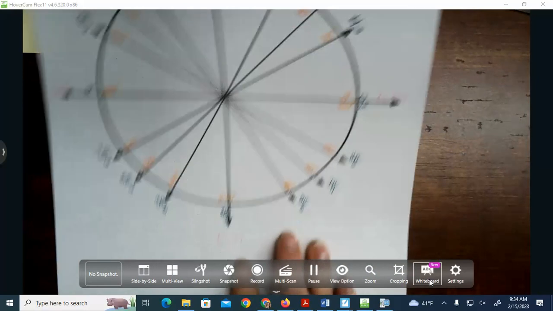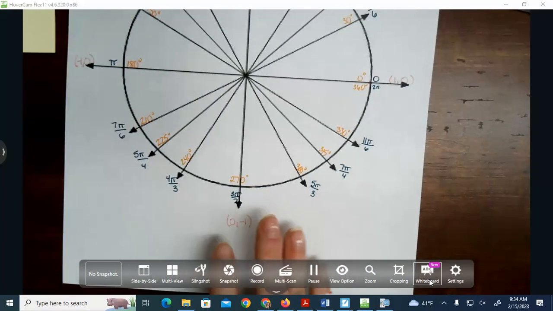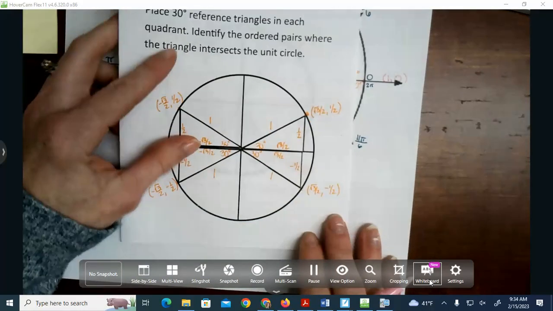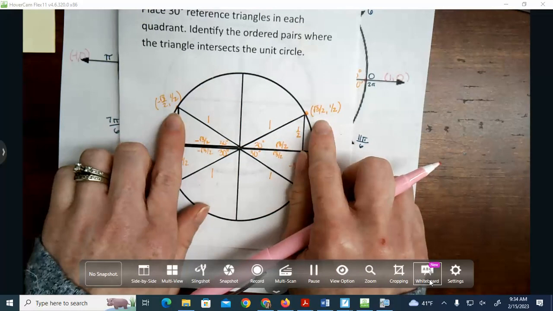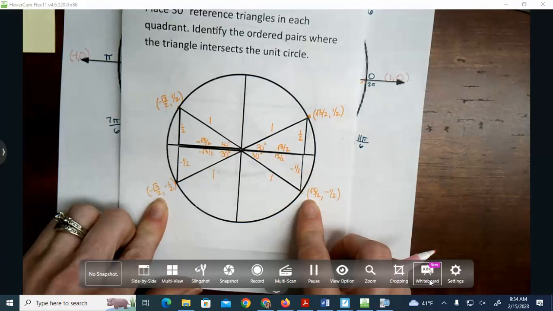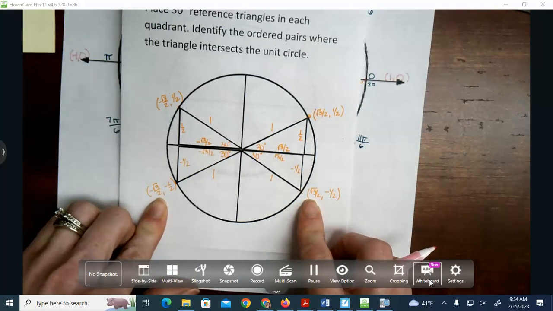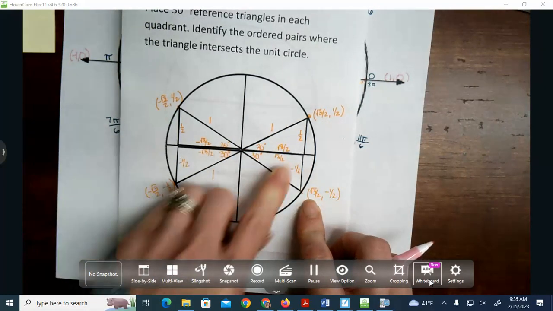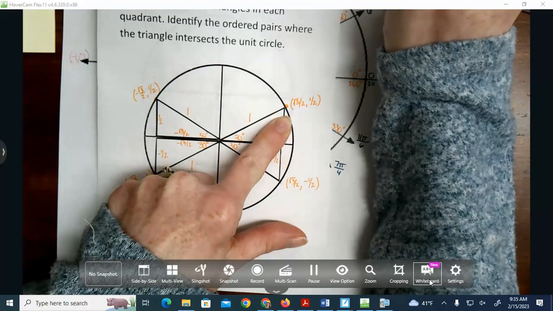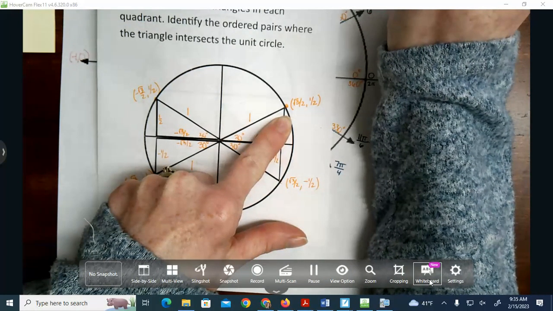Then these others come from this little picture that we did. So with my pi over 6, that's my 30 degrees. All 4 of these ordered pairs are the same. The only difference was the positives and negatives, right? So they were all radical 3 over 2 and 1/2.